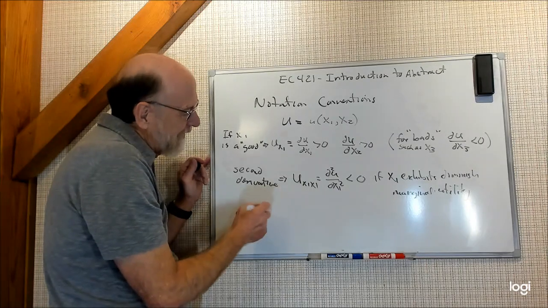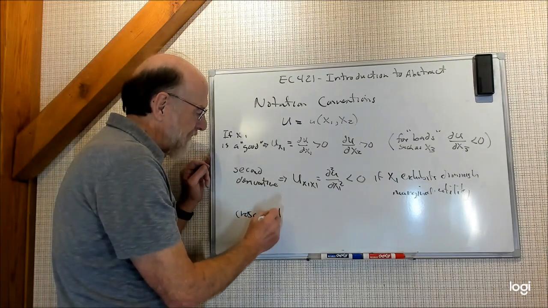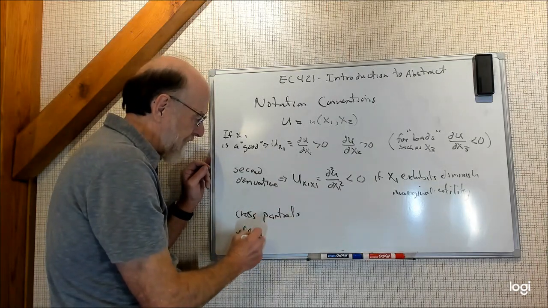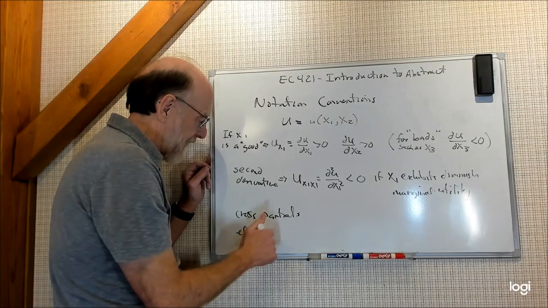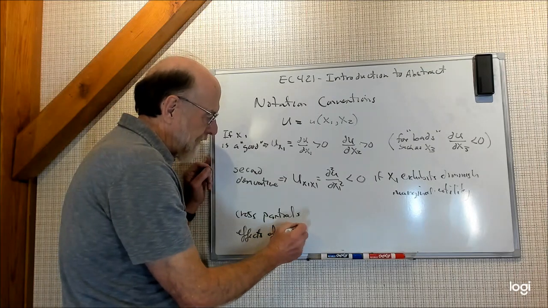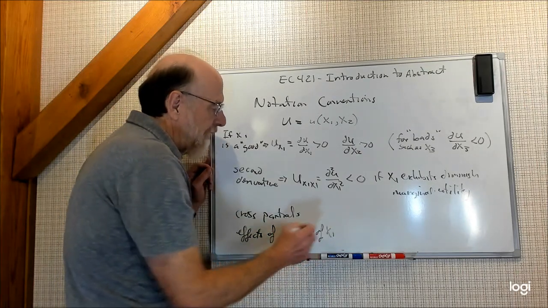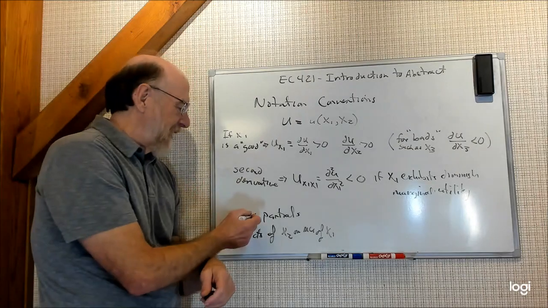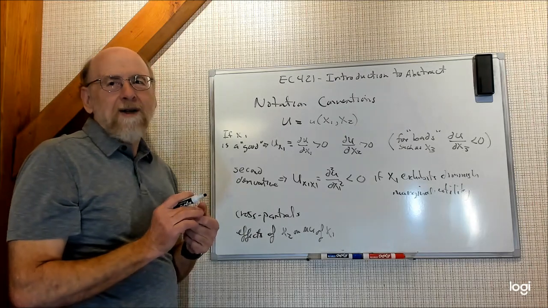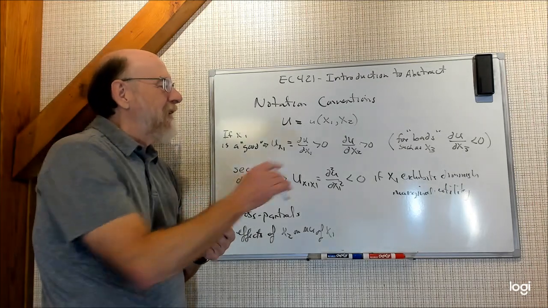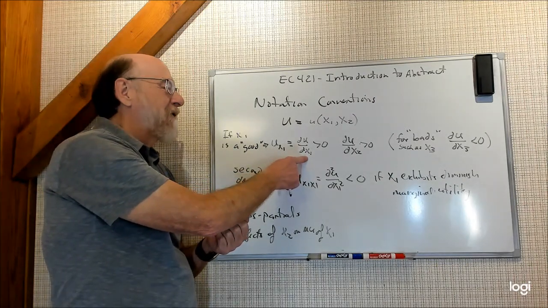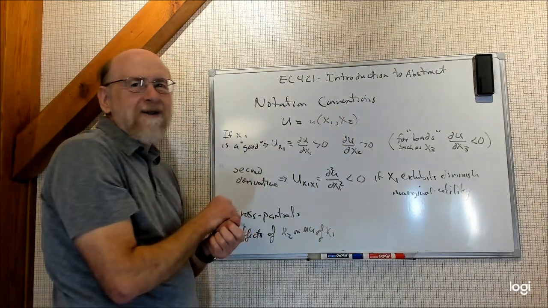Another type of relationship we're interested in when we're dealing with abstract functions is something called cross partials. All right, suppose I have this marginal utility curve for x1. And I know that x1's marginal utility depends in part on the level of x2 that I have.